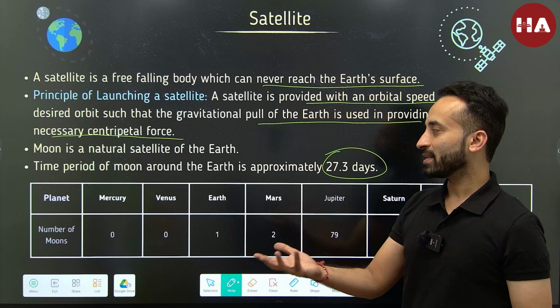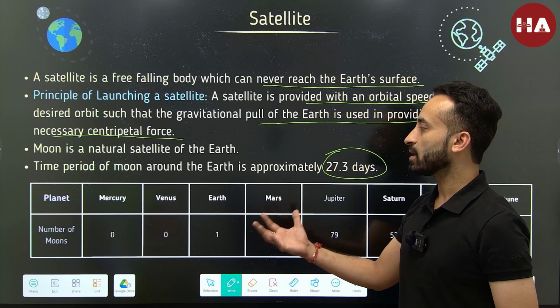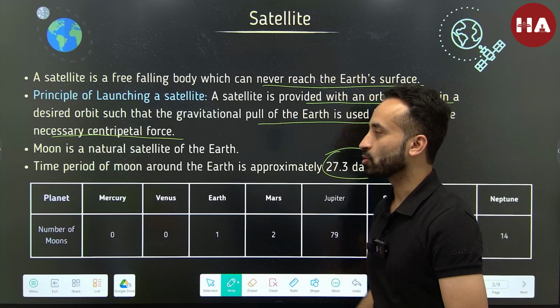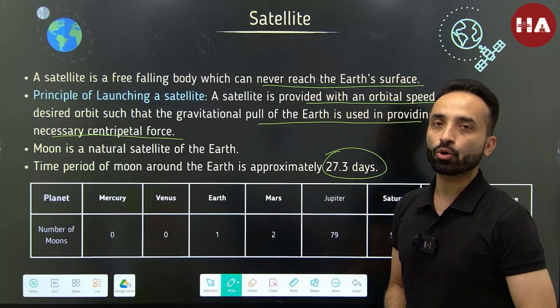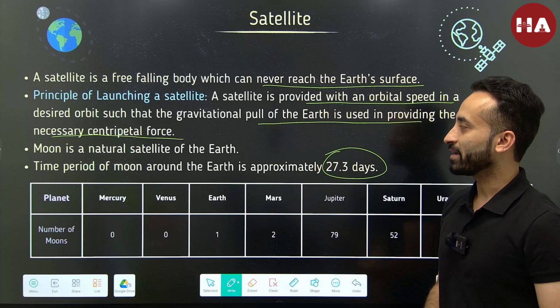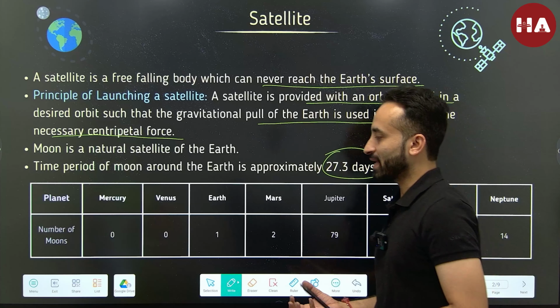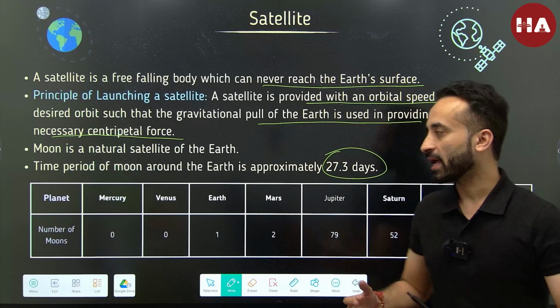Okay, so let's have just a casual discussion about the number of moons for different planets. Mercury does not have any observable moon. Venus also none. Earth of course one, that's quite heavy, in the form of moon. Mars has 2 moons, very small, Phobos and Deimos.